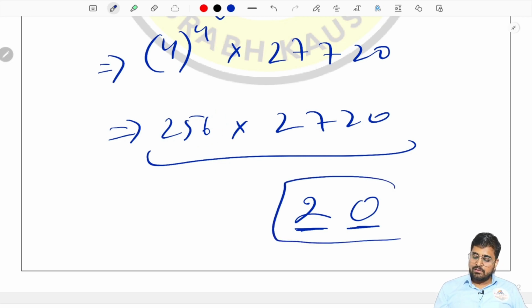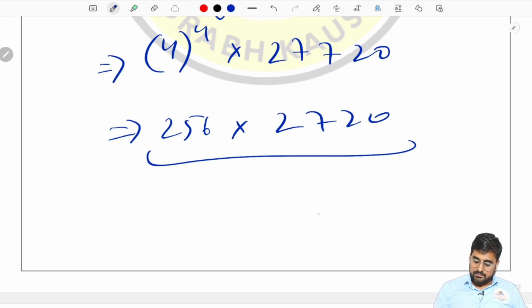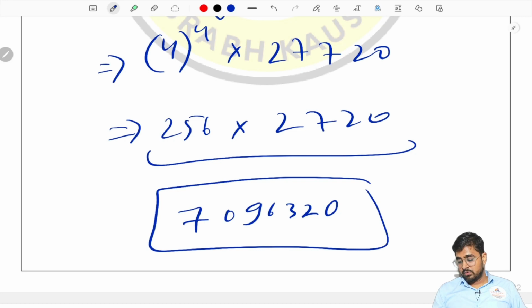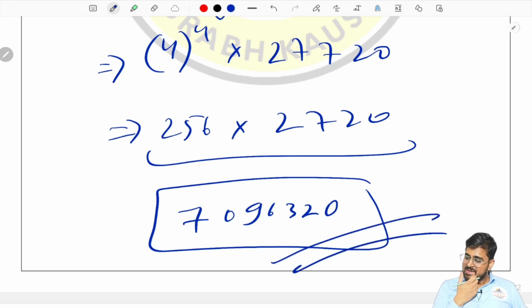Otherwise you will find the answer here only. Okay, let's do the calculation. 7096320. So this is the answer, but there is no need to solve. I am trying to say that this much is enough. But if you have a very bad day, then you have to calculate it.